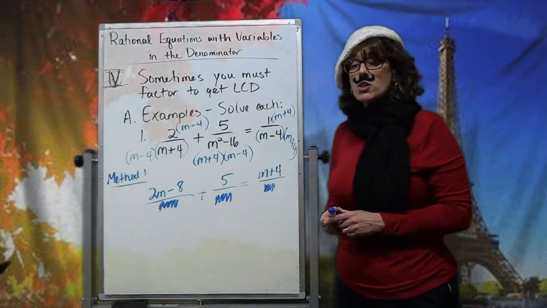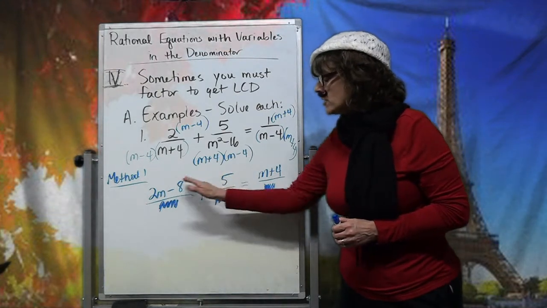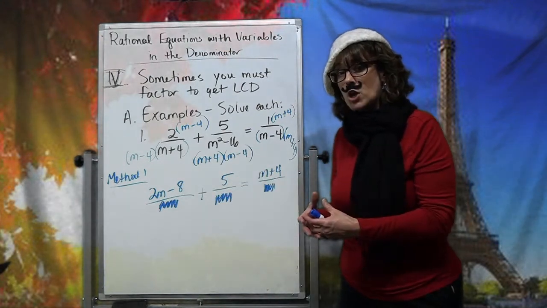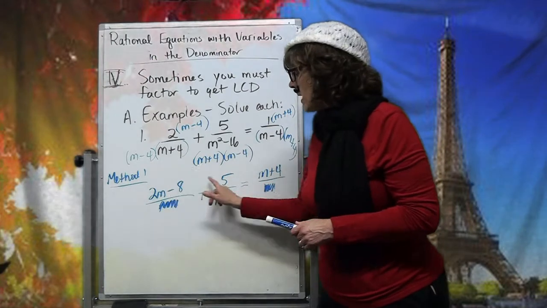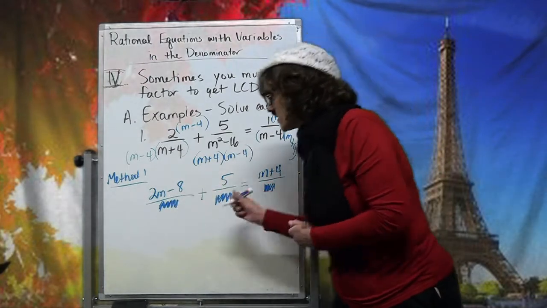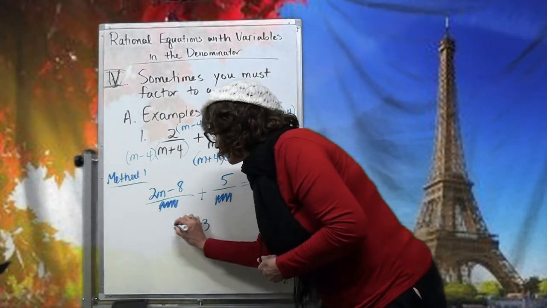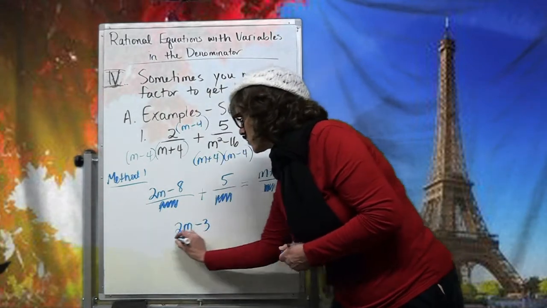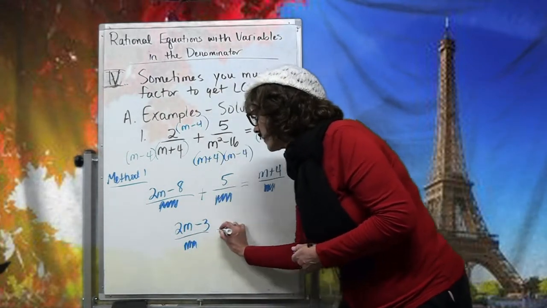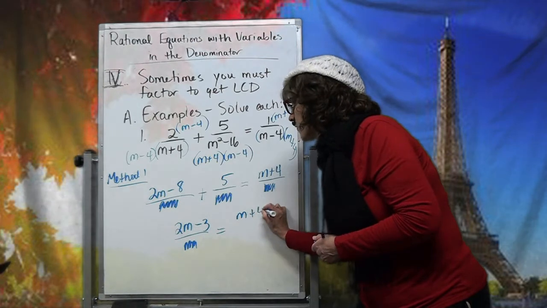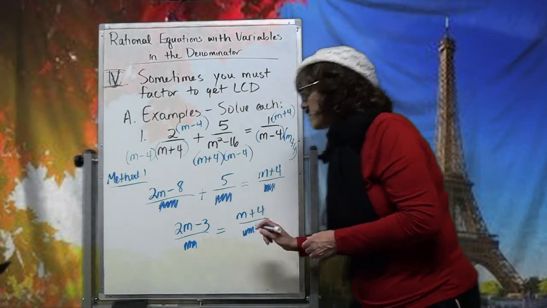Now recall us talking about that we are going to combine these two numerators and keep the denominator. So 2m minus 8 plus 5, well negative 8 plus 5 is a negative 3. So I have a 2m minus 3 over common denominator equal to an m plus 4 over common denominator.